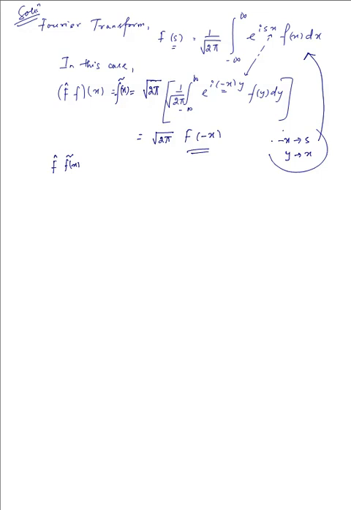So that is going to give me the integral from minus infinity to plus infinity of e raised to the power i, and then we'll have a minus x, which is actually the previous function that I'm writing down, and minus i x times y, f of y dy, and that is multiplied by root of 2 pi.